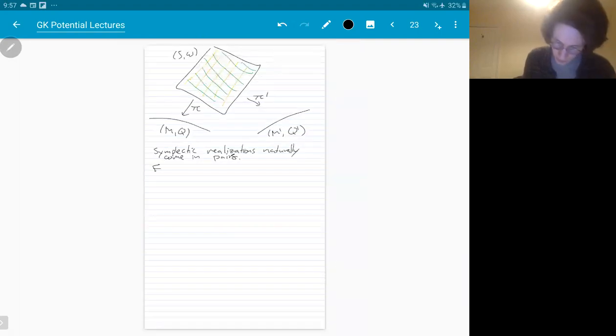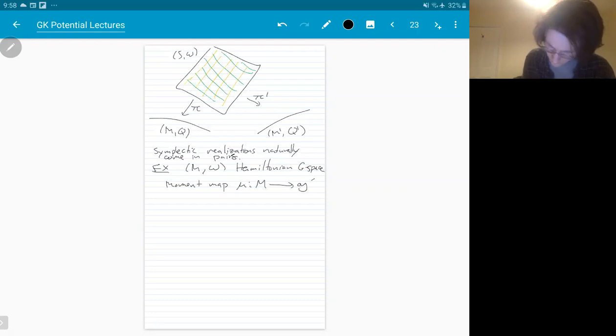Here's an example that you've probably seen. If we have M, omega, a Hamiltonian G space, well, we can take the moment map. And this is actually a symplectic realization.